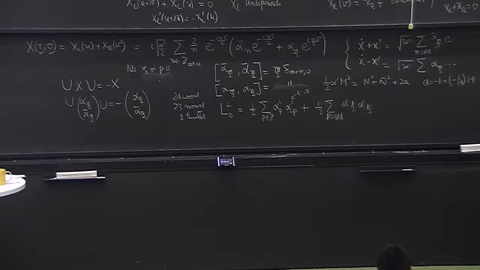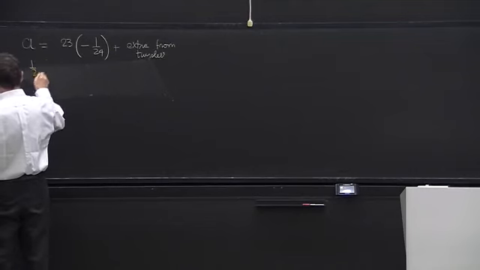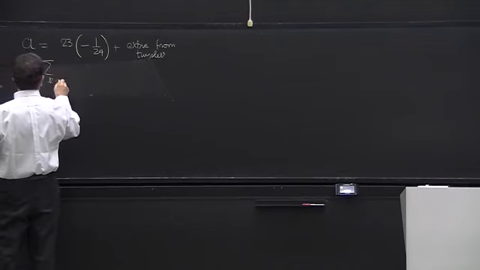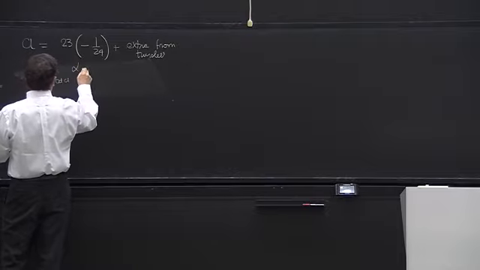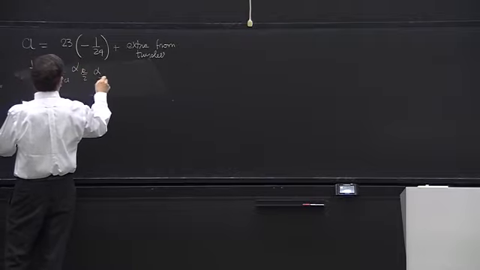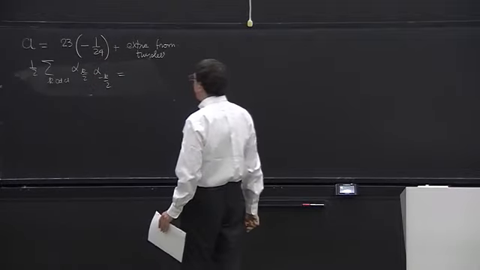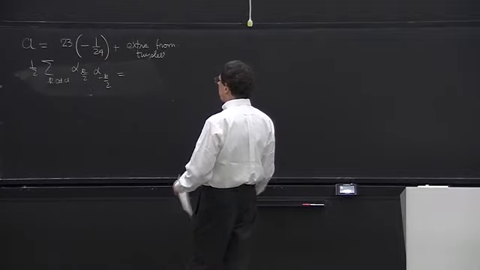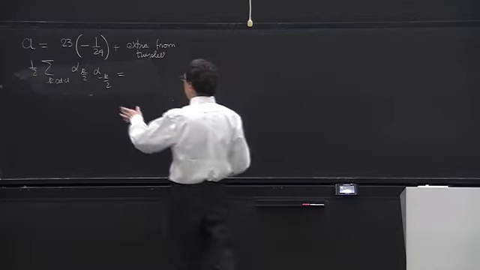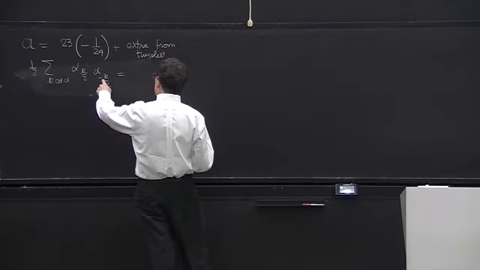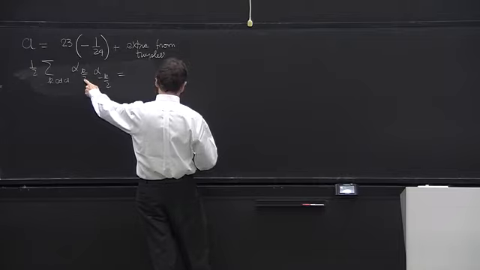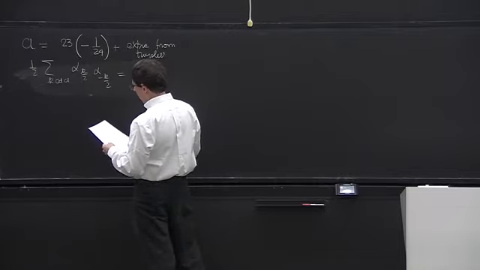So let's look at that term. That term is 1/2 the sum over k odd, alpha k over 2, alpha minus k over 2. Now we can sum over the positive odds. The positive odds would be creation operators, and this would be the annihilation operator.